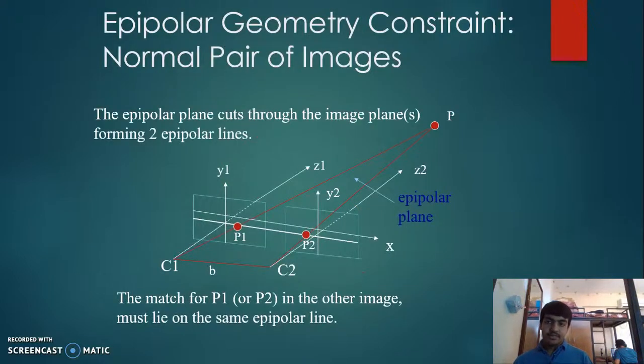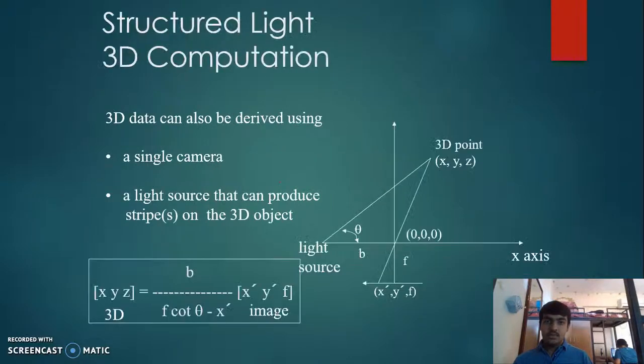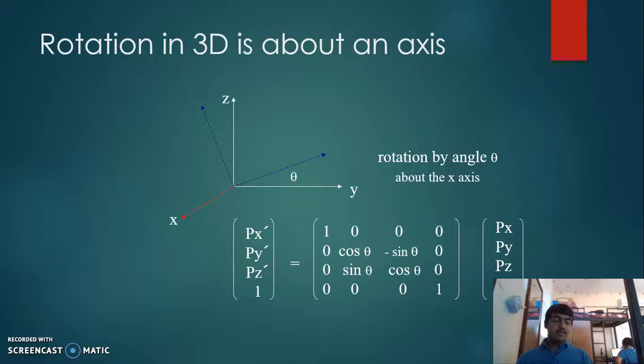Epipolar geometry. Here also we consider two cameras, C1 and C2, and we observe this point P and determine its depth, length, breadth, everything. Now these are the other methods. Translation, scaling and rotation are required for getting a proper image, because you can't have the Taj Mahal fitting totally on your screen as it's too big.